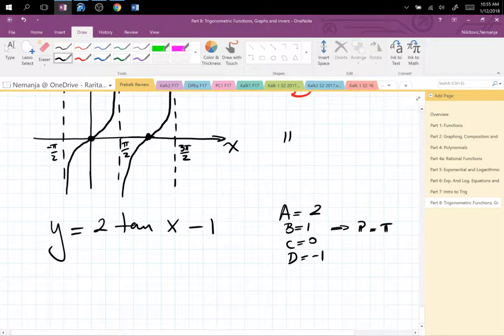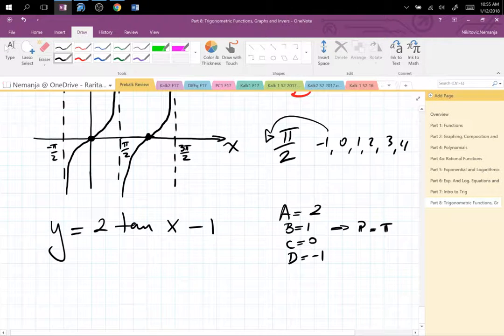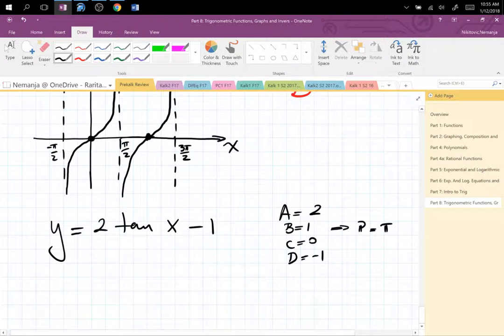So you take a pi over 2 as a unit, and then you just have negative 1, 0, 1, 2, 3, 4 in front, placing these numbers in front. And then when you hit 2 times pi over 2, the 2 and 2 cancel, you get a pi, right?